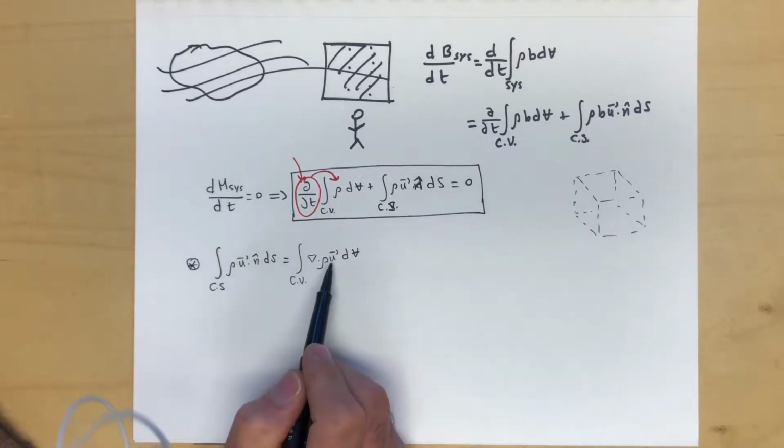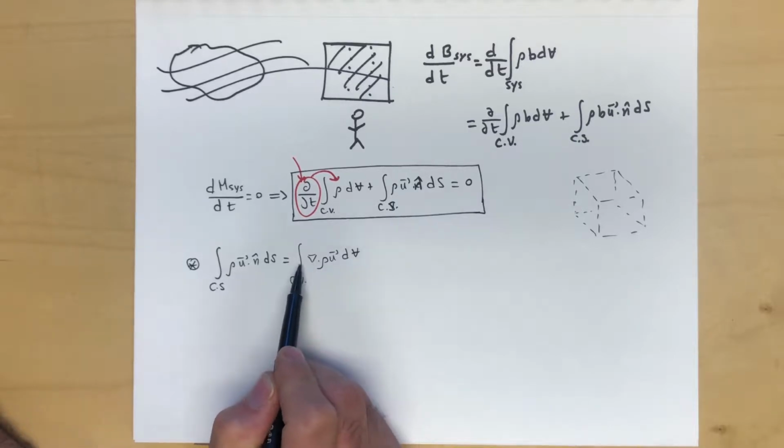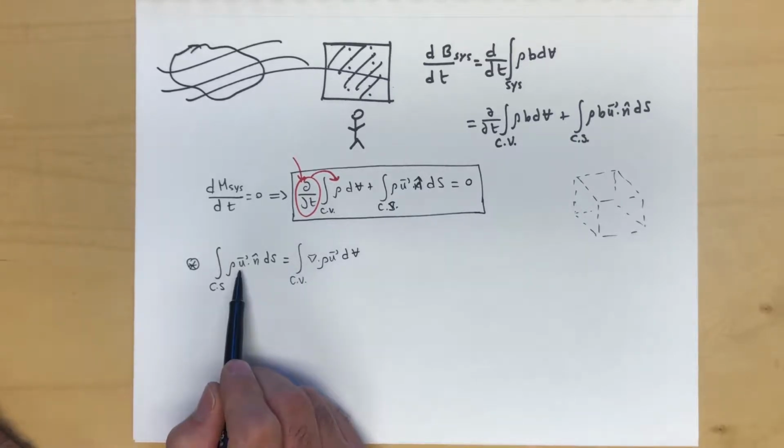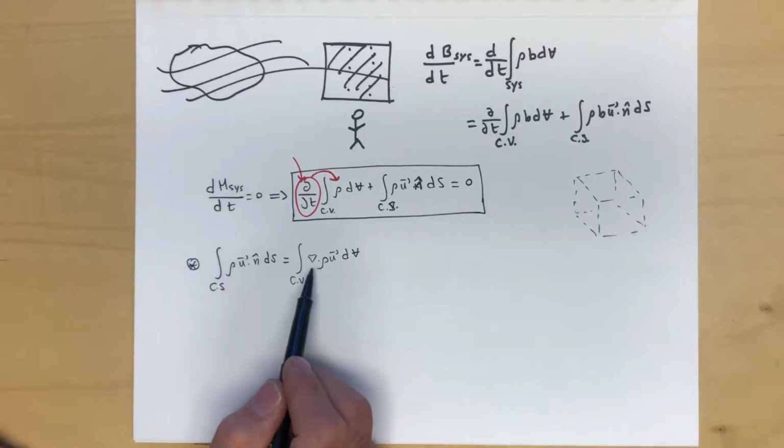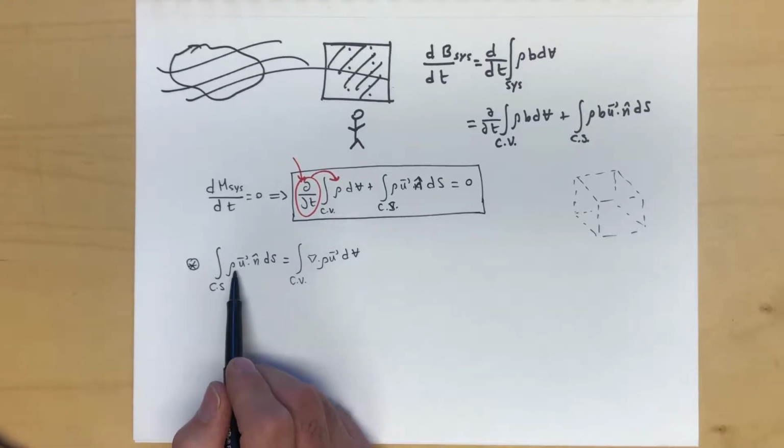We had talked about this before, but applied it to the integral over the velocity. Now, in this case, we have the integral over rho u.